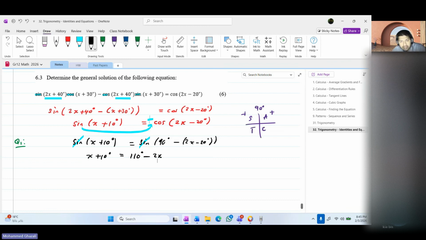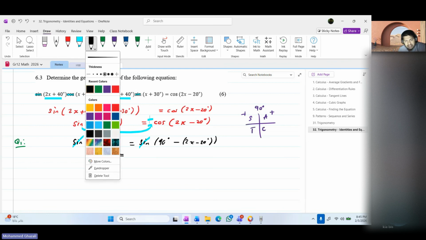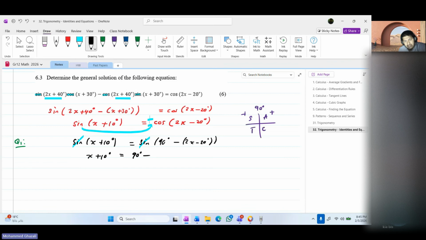Okay, if you don't want to do that, you just open up the whole thing and then collect all the variables and numbers together. So what we have is 90 minus 2x plus 20 plus k 360, k is an element of integers. Now solve this. We're going to bring the minus 2x over.